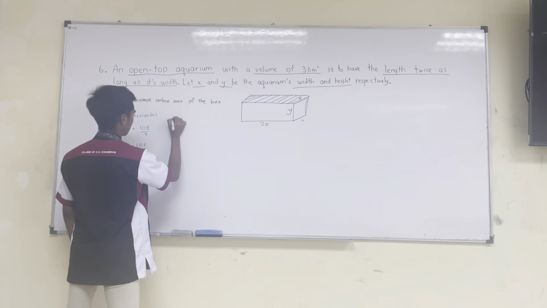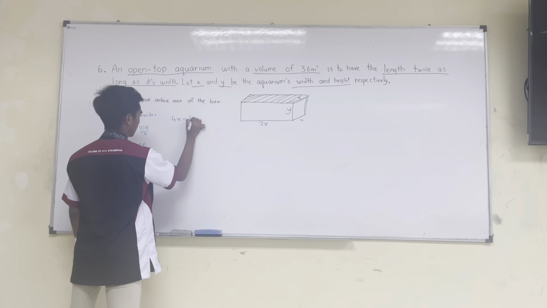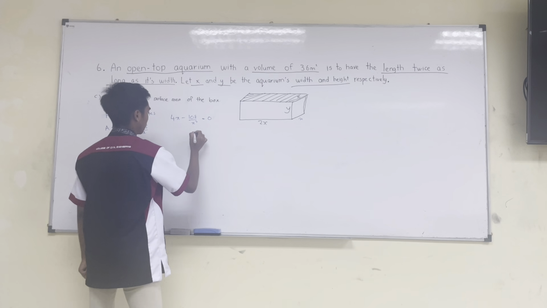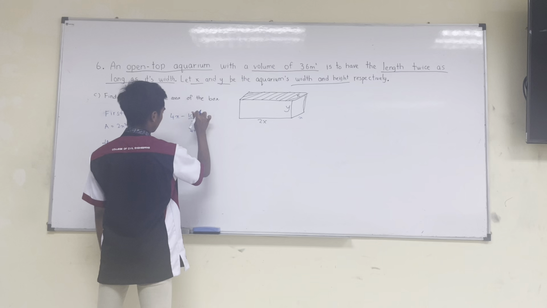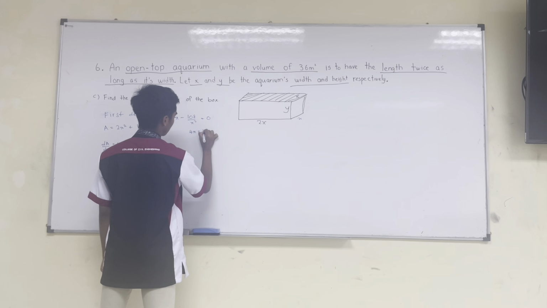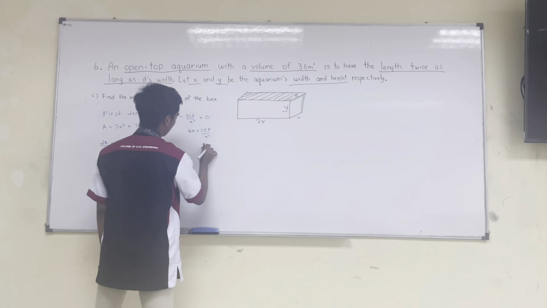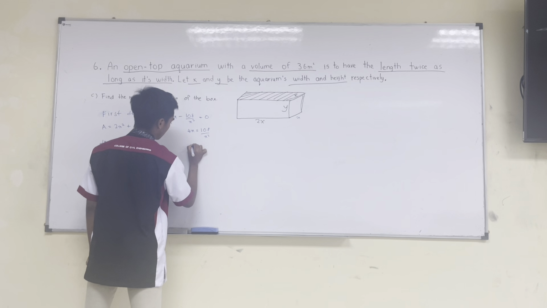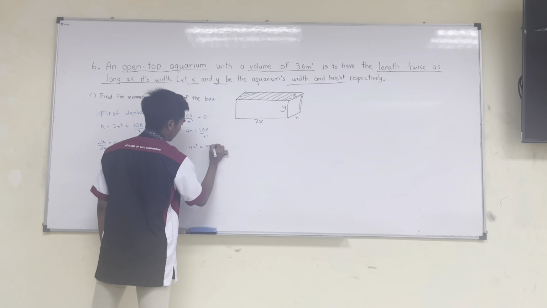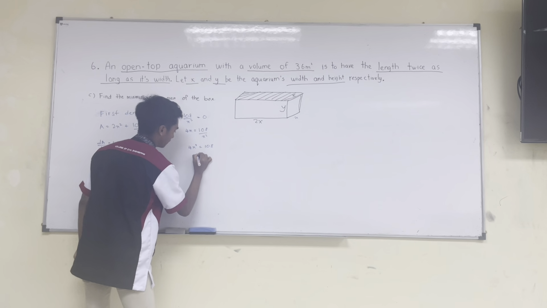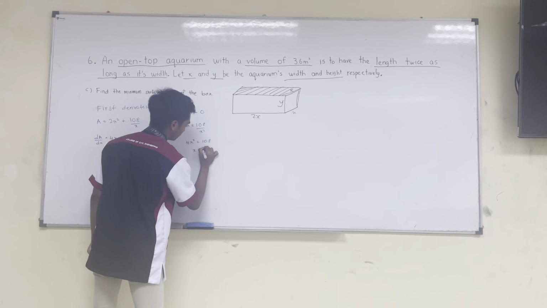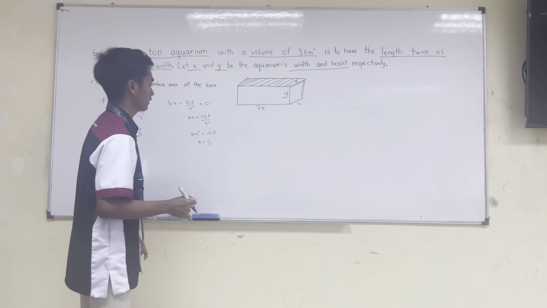We write 4x minus 108 over x squared equals 0. Solving it, 4x cubed equals 108, and we can solve it. x equals 3.